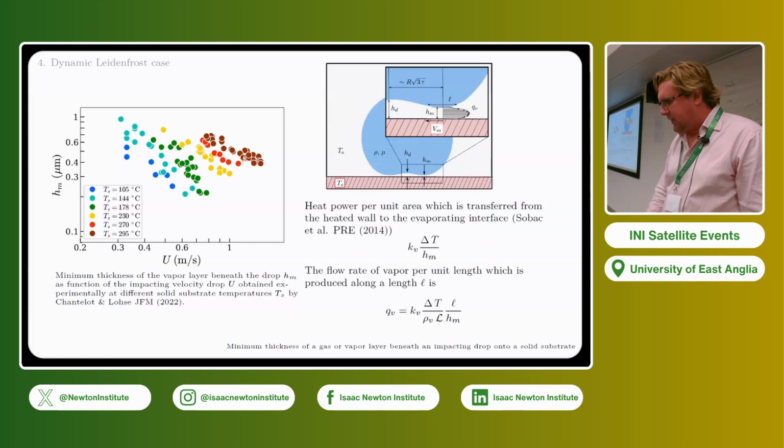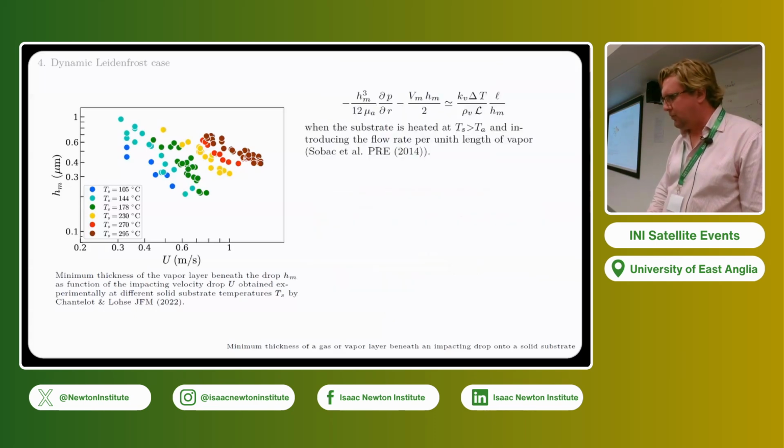This evaporating flow rate can be determined by the heat power per unit area, taking into account the conductivity of the vapor. So we have the ethanol vapor beneath this drop, and we put this in our mass flow rate conservation equation.